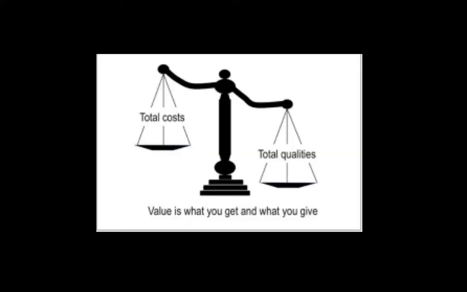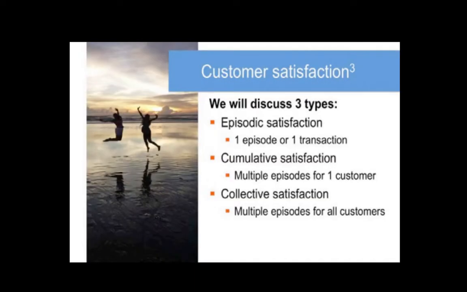There are different types of satisfaction. Episodic satisfaction is a one-off time where a customer is satisfied with a product purchased from an organization. For example, when one person purchases a pair of socks from Bonds. Cumulative satisfaction is when a customer has multiple transactions with an organization.